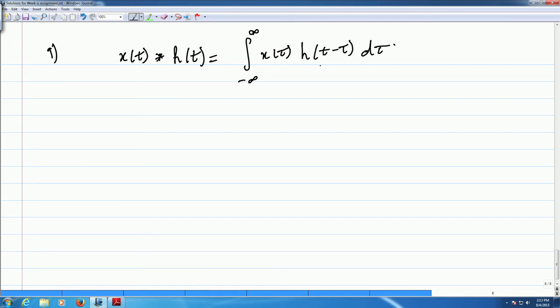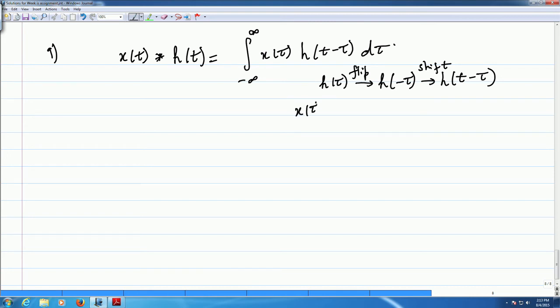You have to first go from h of tau to h of minus tau, and then you go to h of t minus tau. So, the first step is flip, the second step is shift, and the third step is to multiply.